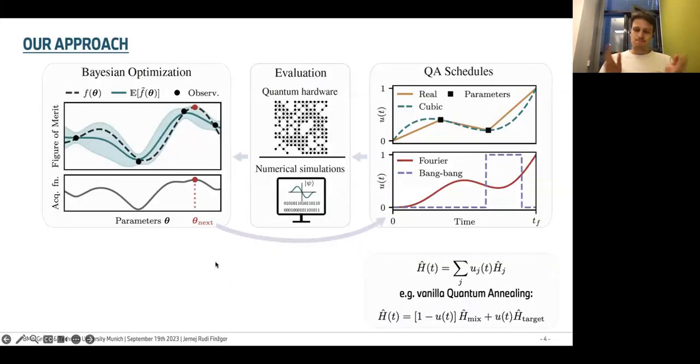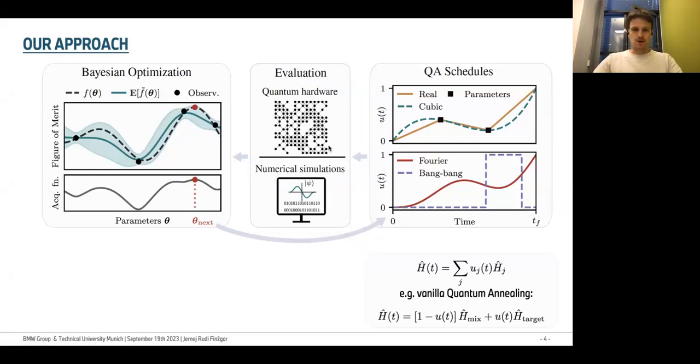So to give you a brief overview of our approach, we parameterize quantum annealing or quantum adiabatic paths using a variety of different parameterizations. All that these parameterizations have in common is that they have some set of parameters which uniquely define them.